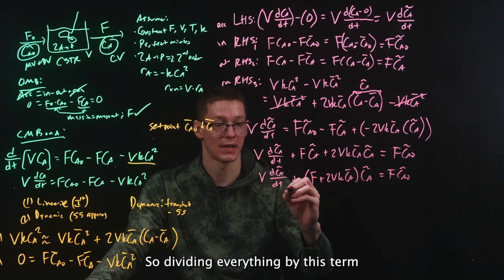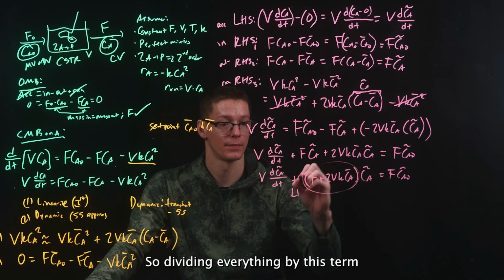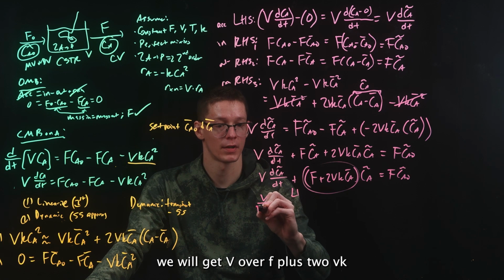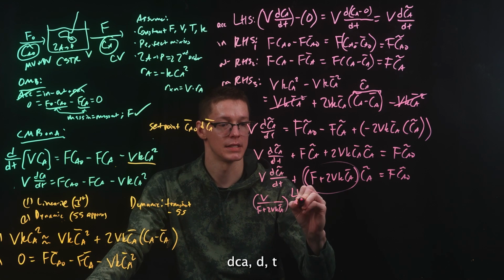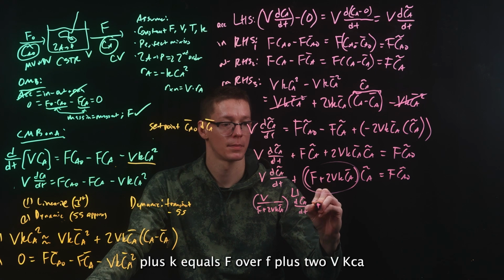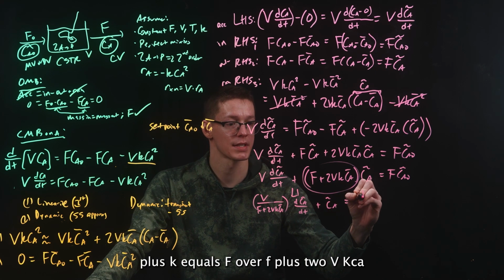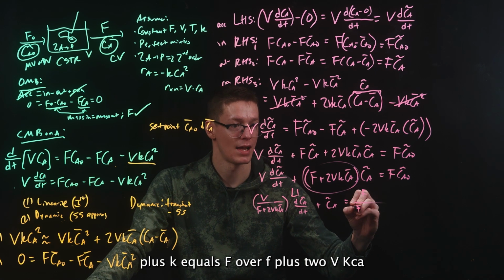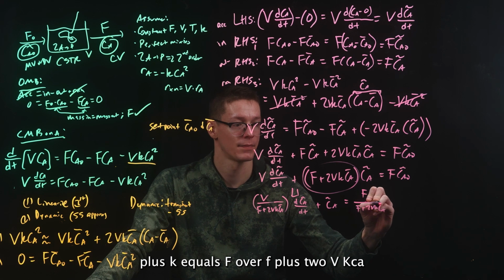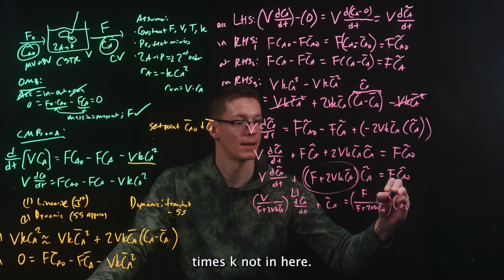So dividing everything by this term, we will get V over F plus 2VK CA dCA/dt plus CA equals F over F plus 2VK CA times CA naught.